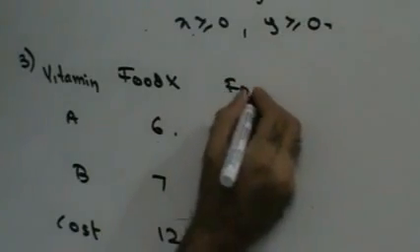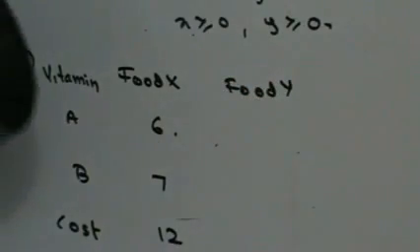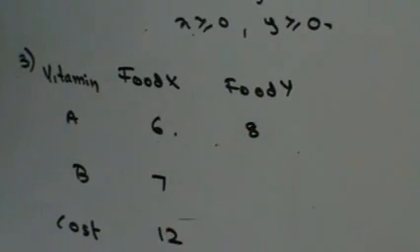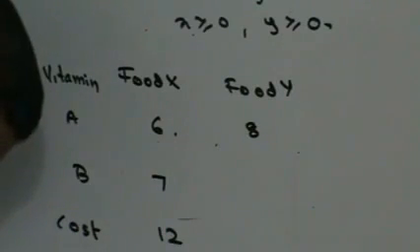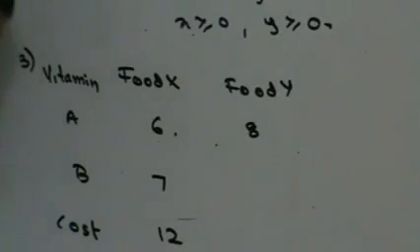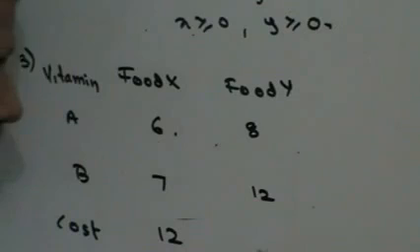Food Y contains 8 units of vitamin A and 12 units of vitamin B and costs 20 paisa.